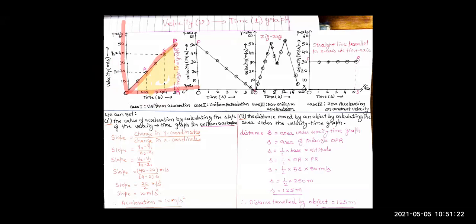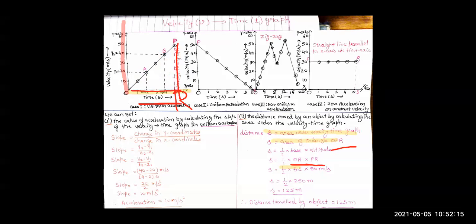After drawing the triangle, we name it: O is the origin, this is point P and this is point R. Sorry, it is not A, it is R. So distance is the area under the velocity time graph, that is the area of triangle OPR. You know the formula for the area of a triangle: half base into height. The base is OR and the height is PR.